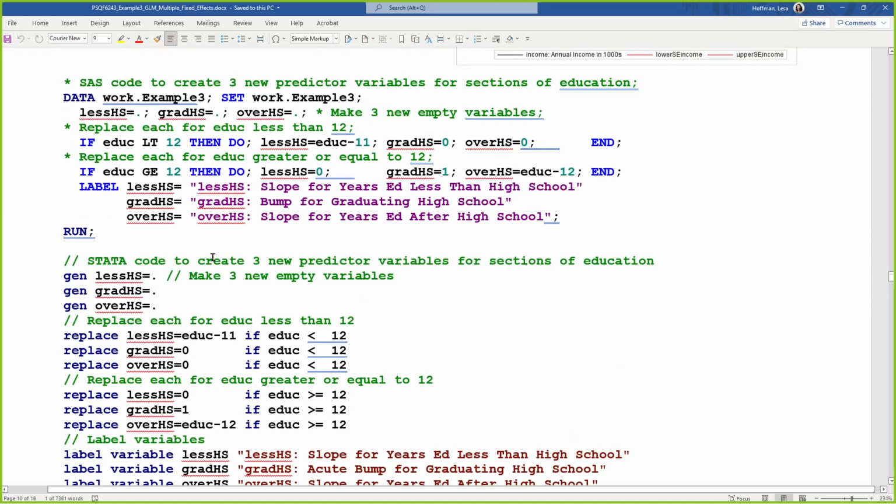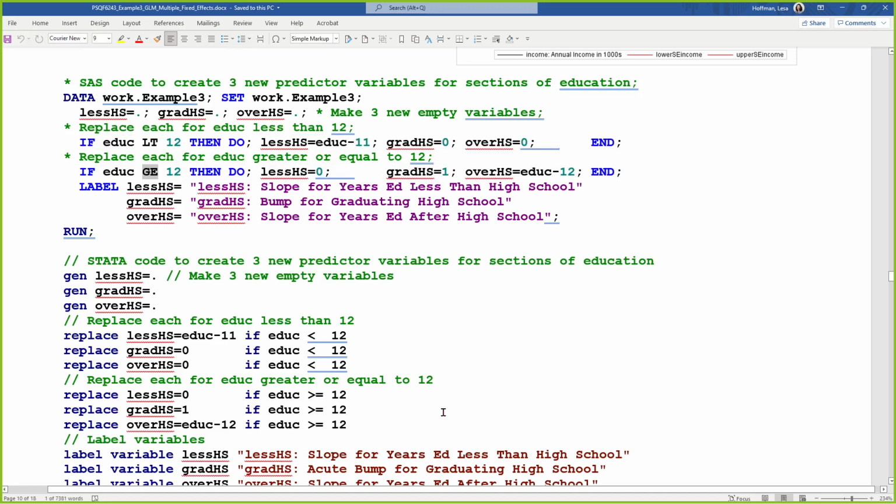Then I have 2 possibilities here. So if education is LT, can you guess what LT might stand for? Less than, yeah. And can you guess what GE might stand for?